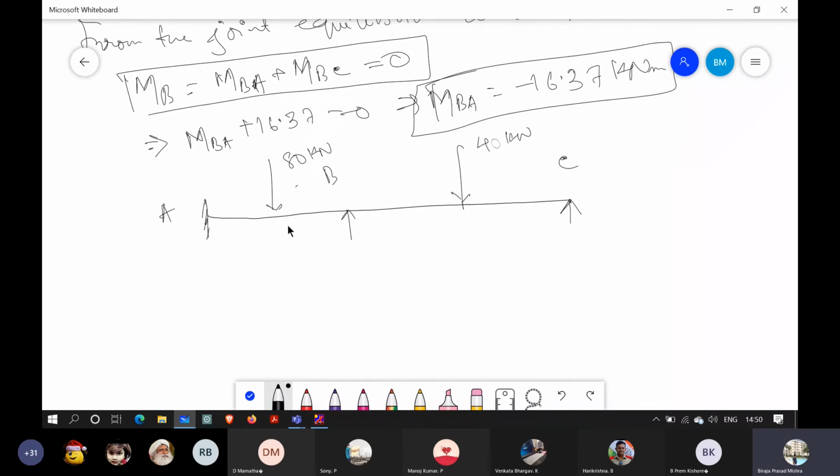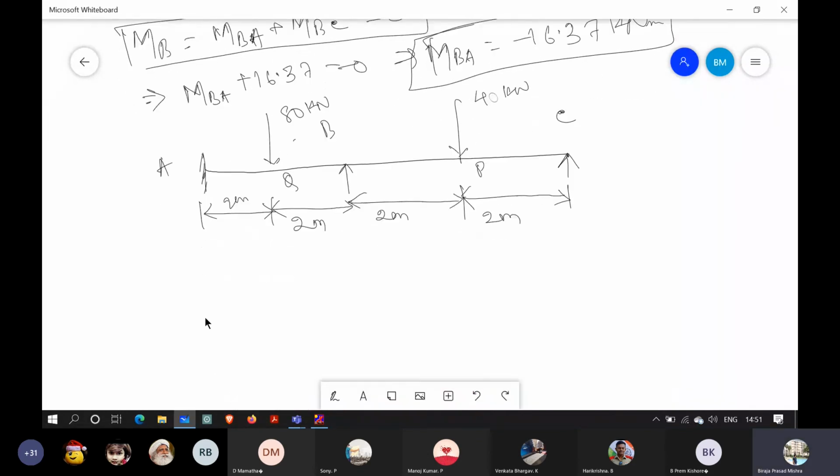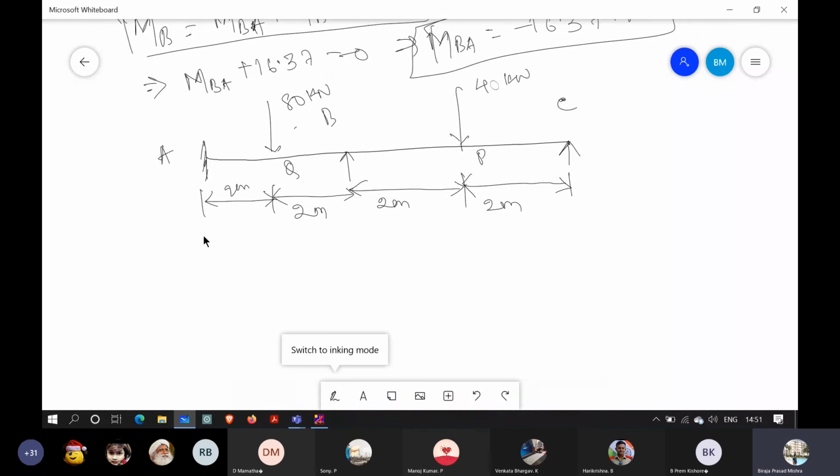Let us say this is Q, this is P. This distance is 2 meters, again 2 meters, again 2 meters, and this is 2 meters.